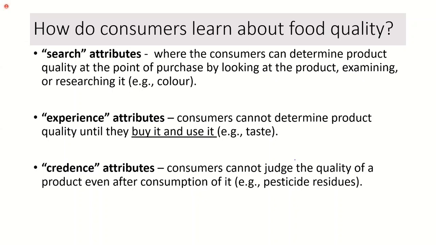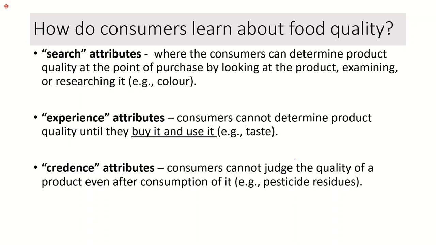If you go to a bakery, buy a loaf of bread, if you usually buy every day from the same bakery, and if the color has changed today, then you know that there is a problem with quality, right? If it's a bit more burnt or if the size is different, by looking at it, you can know about the quality of the product. So those are called search attributes.